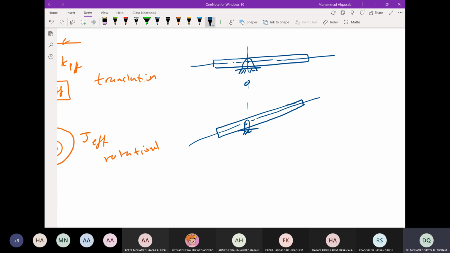All the points are related together because this will stay straight. If this is straight, this will also stay straight. So if you want to compare point A and point B, you can have a right angle or similar triangles, right? This is a triangle, and this is another triangle. Those are similar triangles.